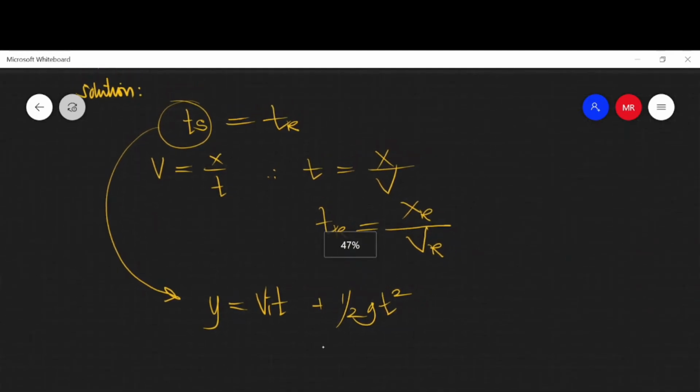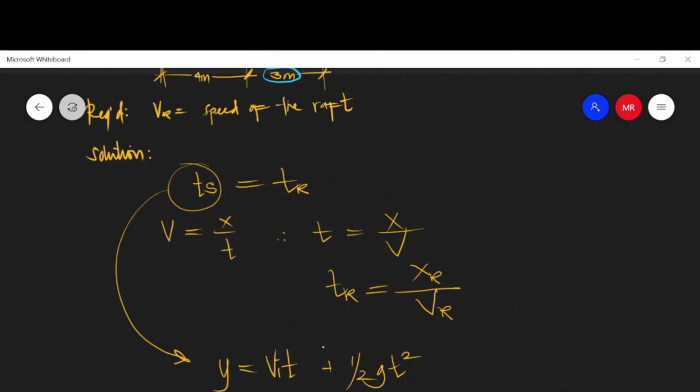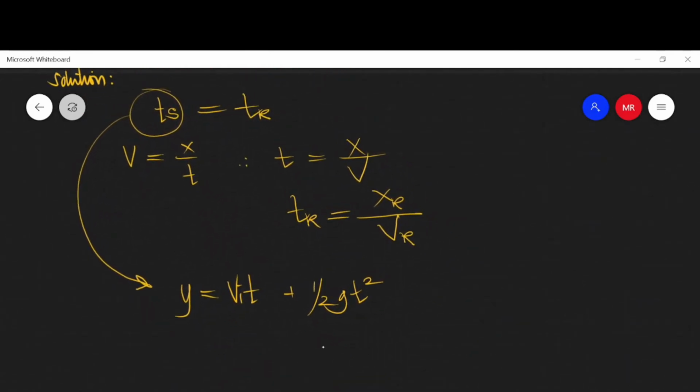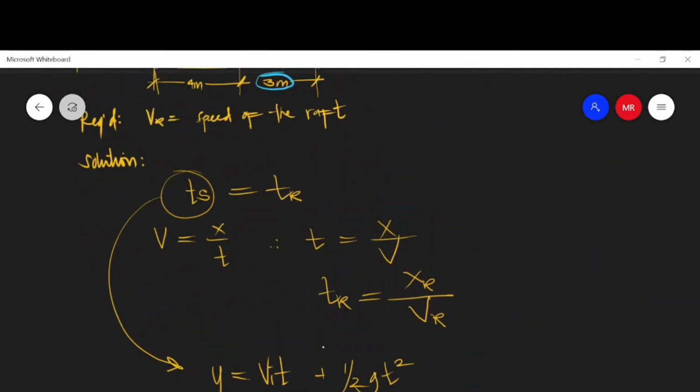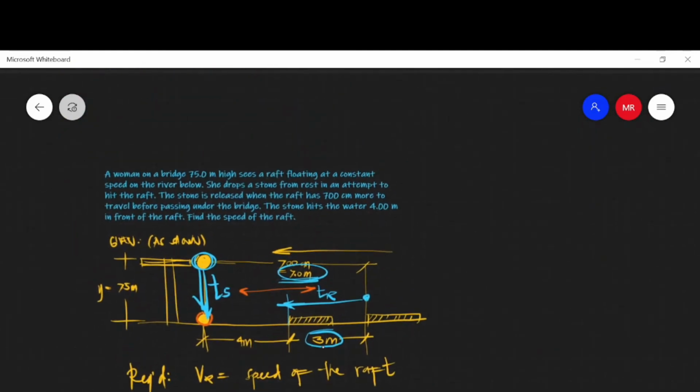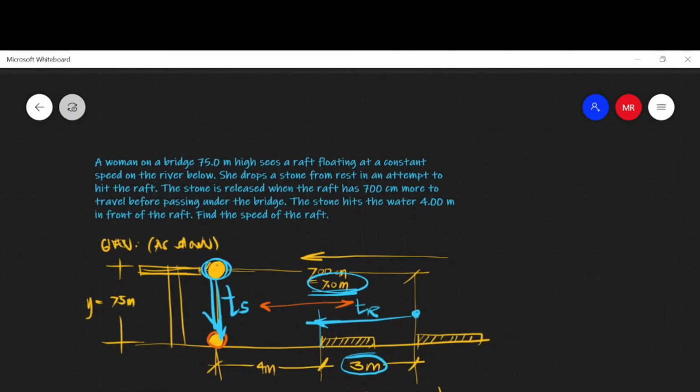But remember that this y is equal to 75 and the initial velocity is 0, because according to the problem, she drops the stone from rest.